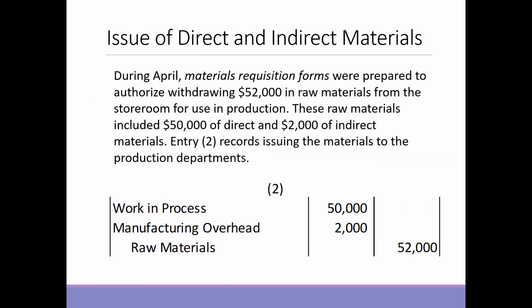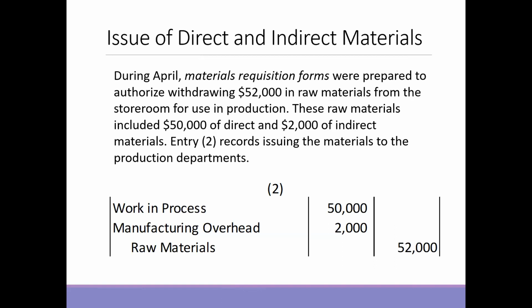During April, materials requisition forms were prepared to authorize withdrawing 52,000 in raw materials from the storeroom for using it in doing this order. These raw materials included 50,000 of direct materials and 2,000 of indirect materials.